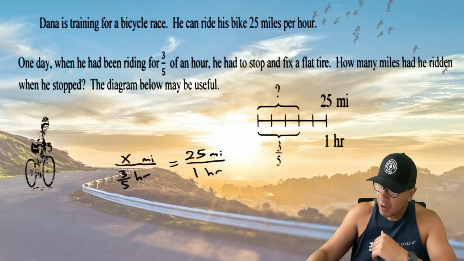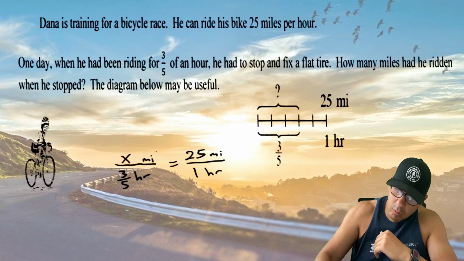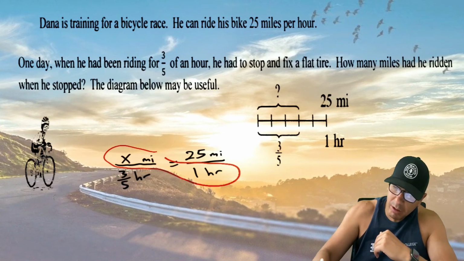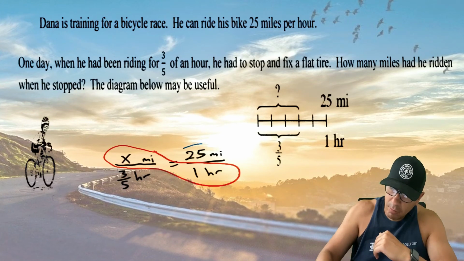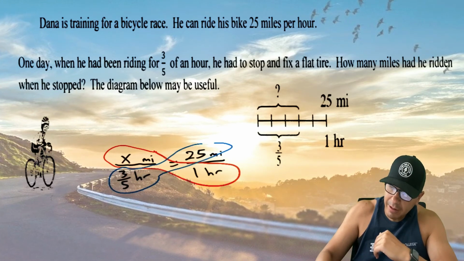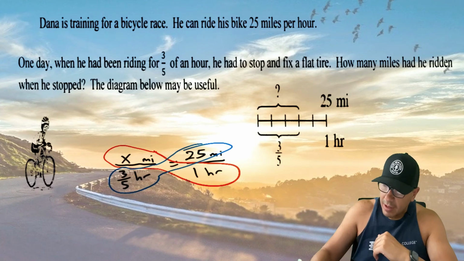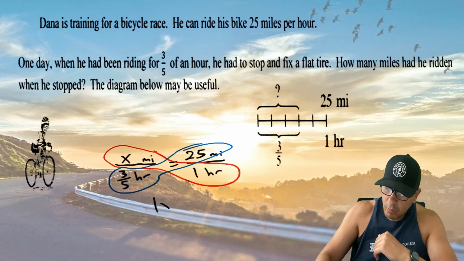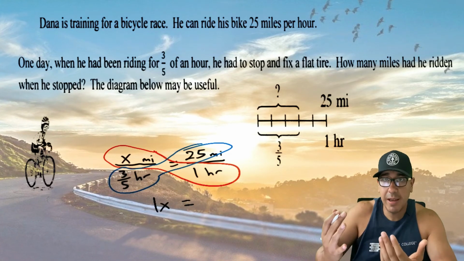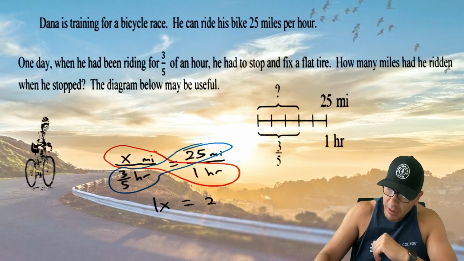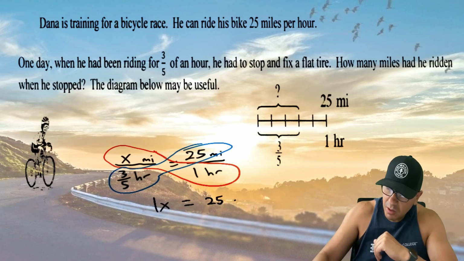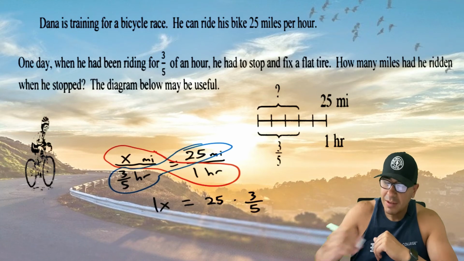To solve, all we do is cross multiply, right? We're gonna multiply those two, and we're gonna multiply these two right here. So x times 1, we're left with 1x, or just x, and that's gonna equal 25 times 3/5.